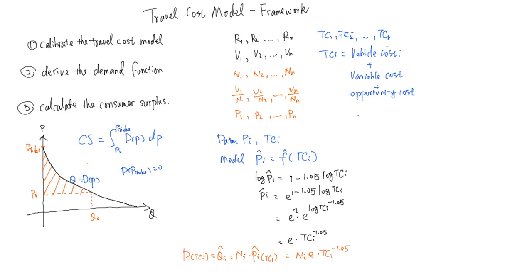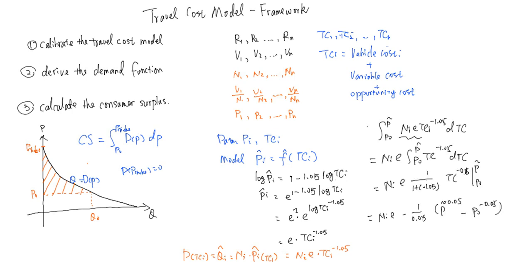Now, last part, let me do the integration as an example. So let's say it's from P0 to P choke, of Ni times e to the constant times TCi to the negative 1.05 dTC. This part will be constant, so we can factor it out.